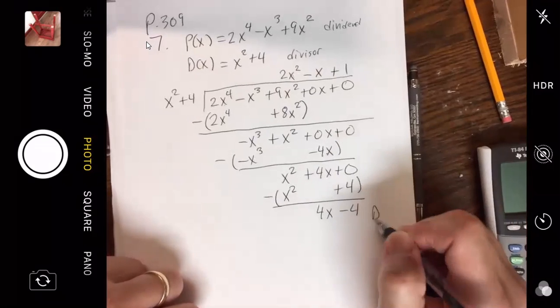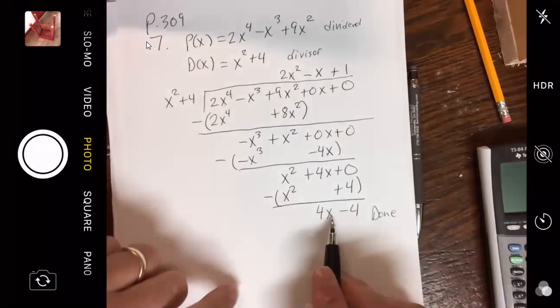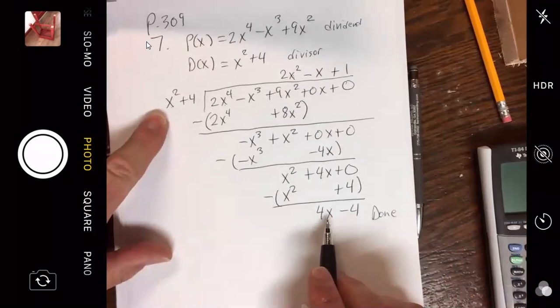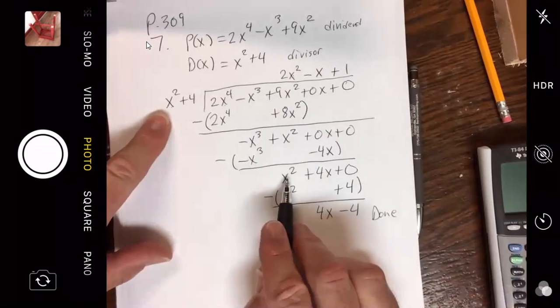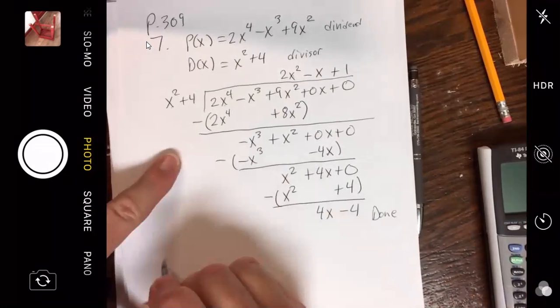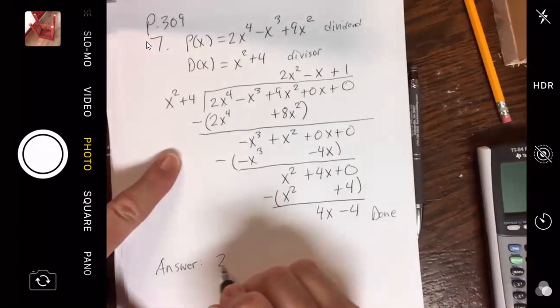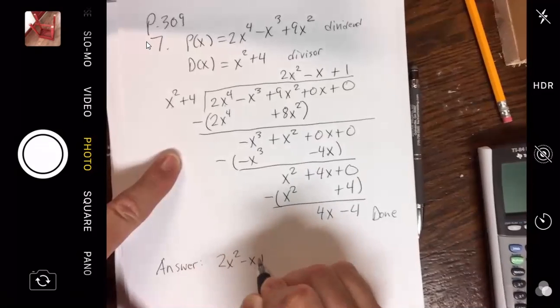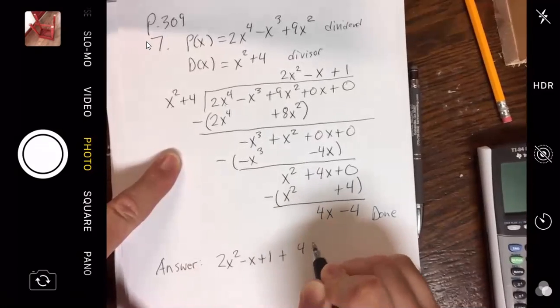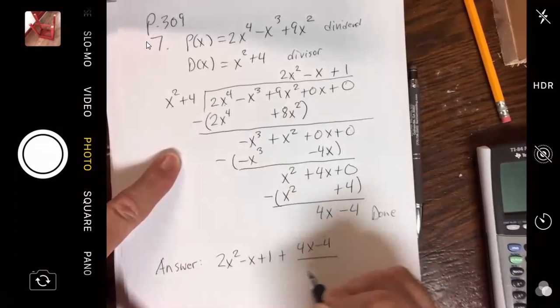We're now done. Your power here is less than this. Notice on this line it was equal, so you can still keep going. It took 3 rounds of this game. Answer: quotient, add remainder divided by divisor.